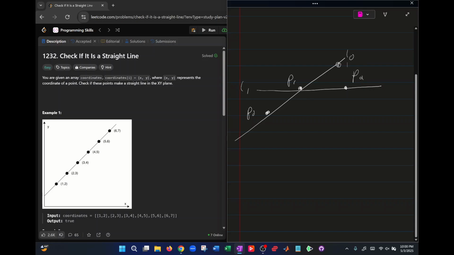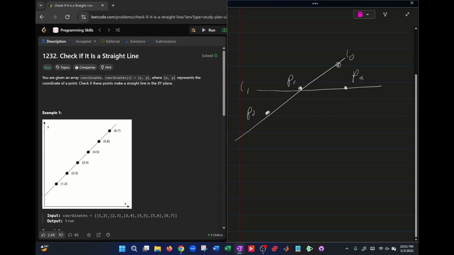So if we want to check if L0 and L1 are the same line, they need to have the same slope, and they need to have at least one point in common. And we know that they do have a point in common, and that point is P1. So then all we need to check is, are the slopes of L0 and L1 equal?